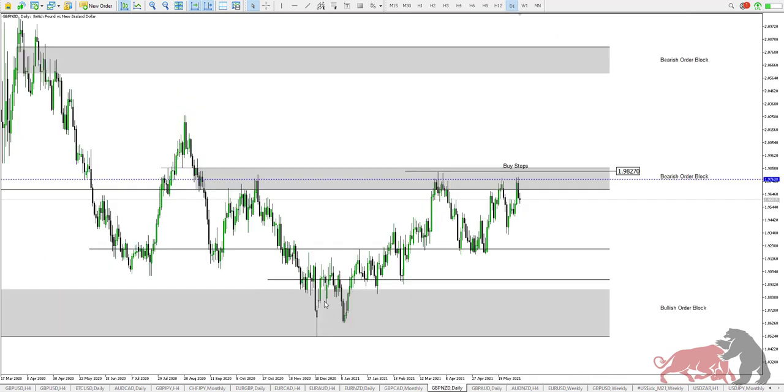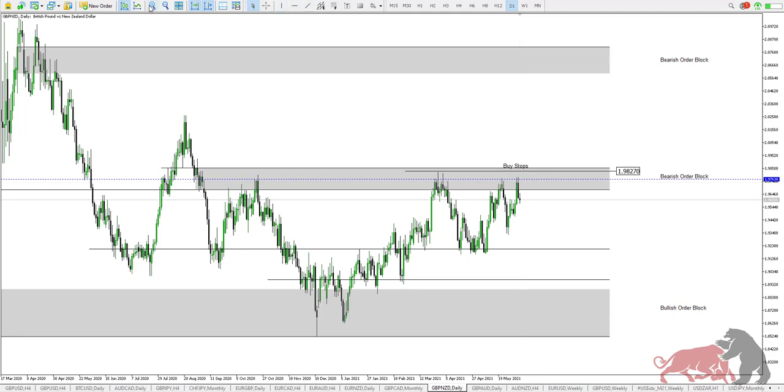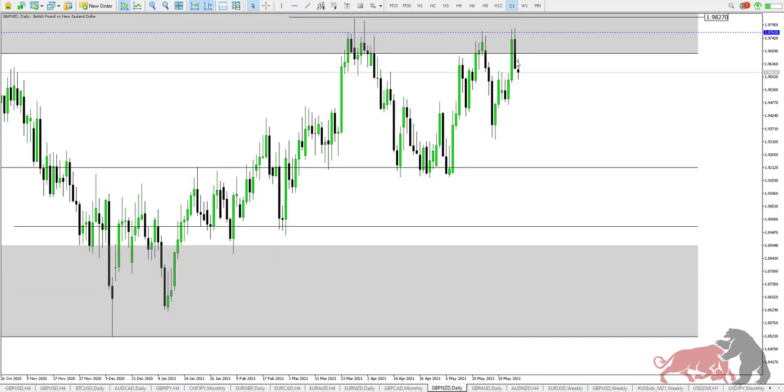It was a free video, and if you followed through, Friday offered you 130 pips on pound NZD. I did a top-down market structure breakdown on pound NZD, and I'm still expecting pound NZD to trade lower, right into this price point here, 1.9500.